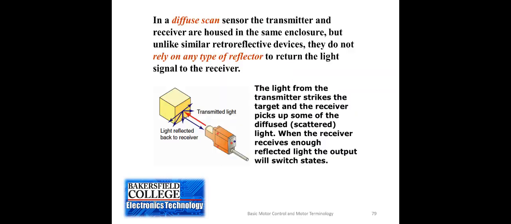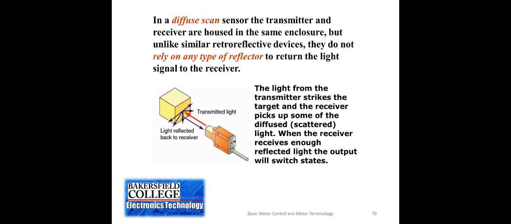There is another type of scanning called diffuse scanning, and it actually uses the object itself to bounce light off of. Now, they don't need a reflector, so what happens in this case is when the object is not there, there is no light that bounces back to the detector.